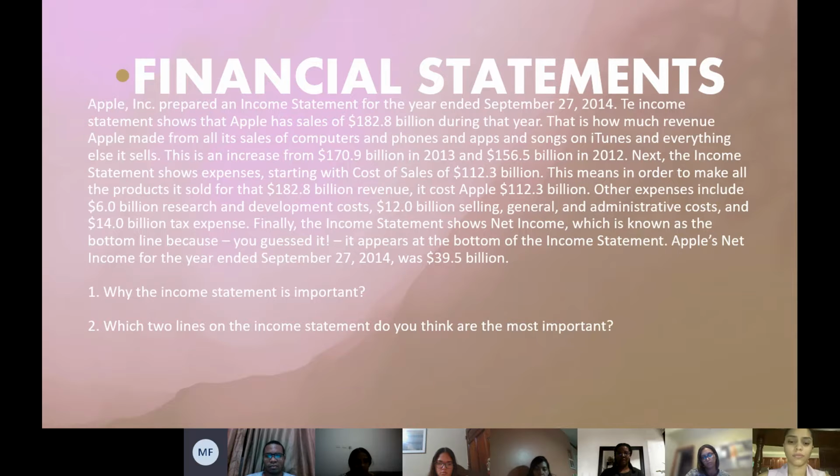The second statement is the statement of cash flows. A possible candidate for most important financial statement is the statement of cash flows. This statement shows how much cash came into the business and how much cash went out of the business.